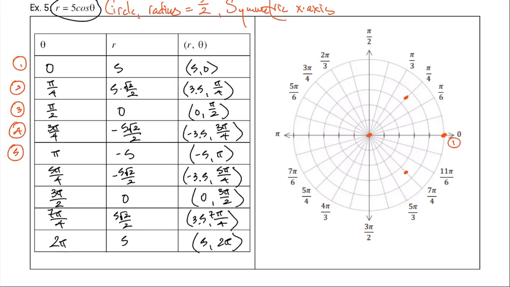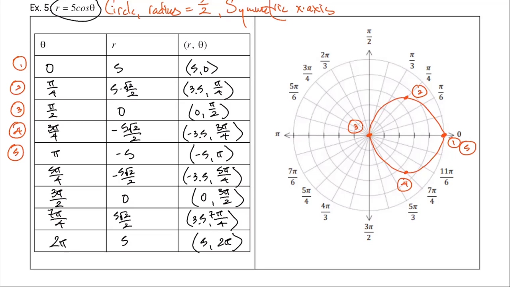So I have 1, I have 2, I have number 3, point 4 is down here, and point 5 is back there, okay? So if I try and draw this, I've got a circle-ish, okay?